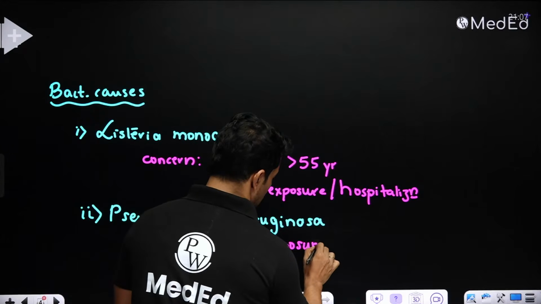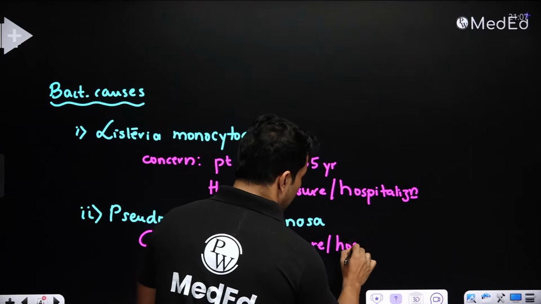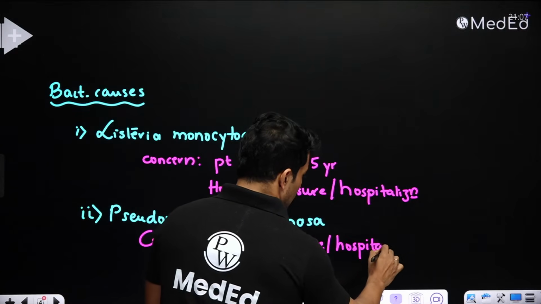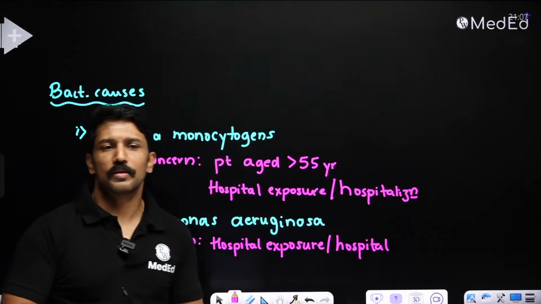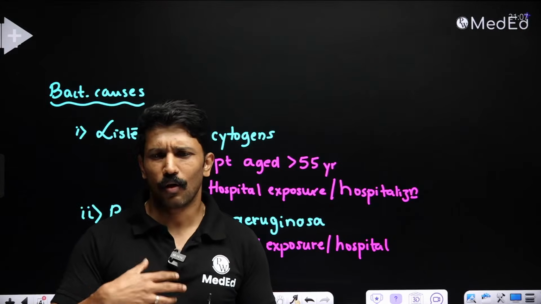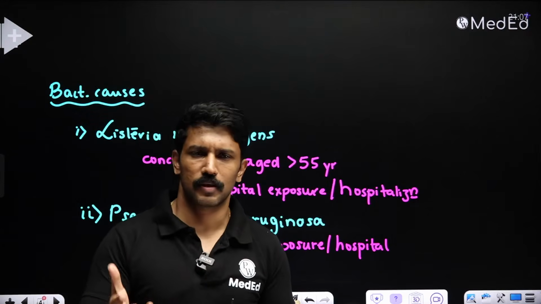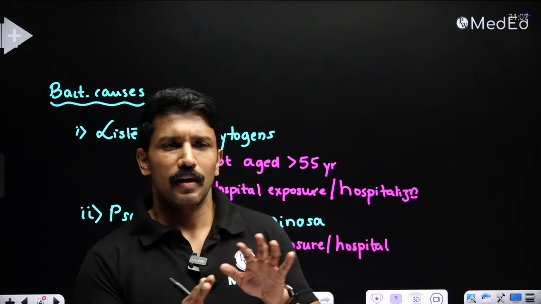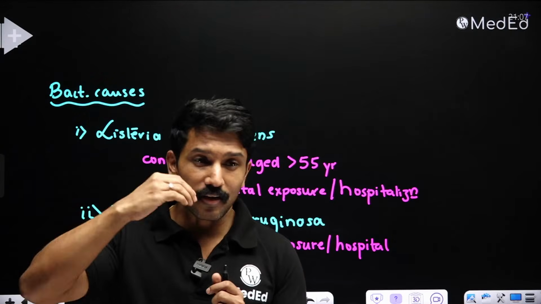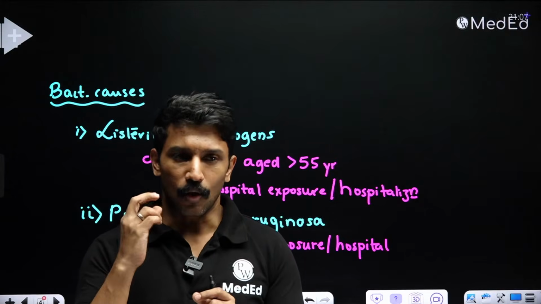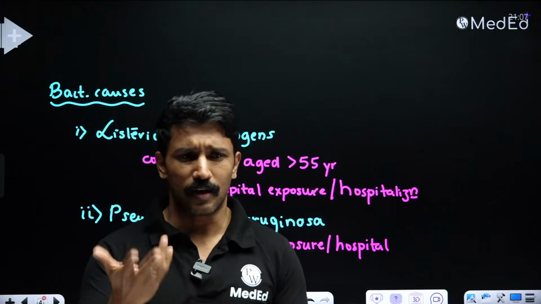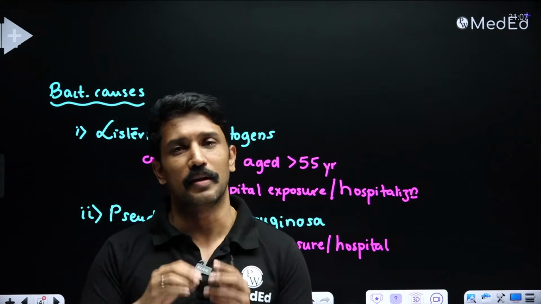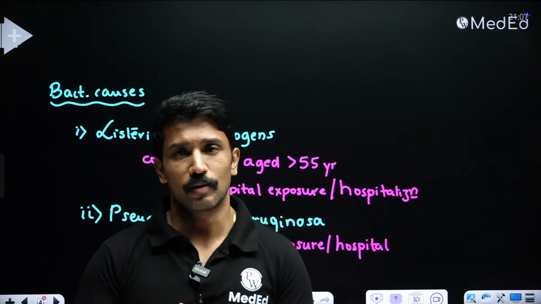Hospital exposure or hospitalization. And again, someone may acquire Pseudomonas aeruginosa infection not routinely in the community, but if there is a penetrating head injury, then these organisms, which are ubiquitous in the atmosphere, can be inoculated into the meninges directly, and then someone can get it.